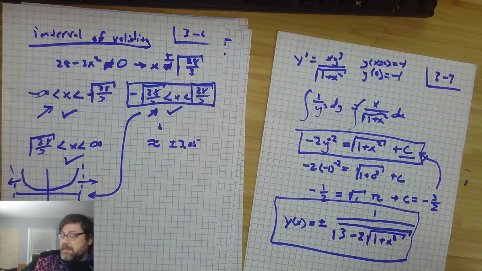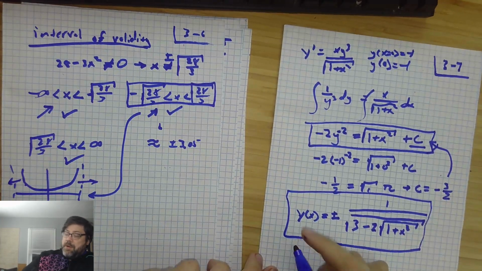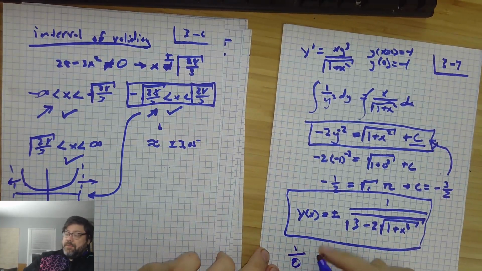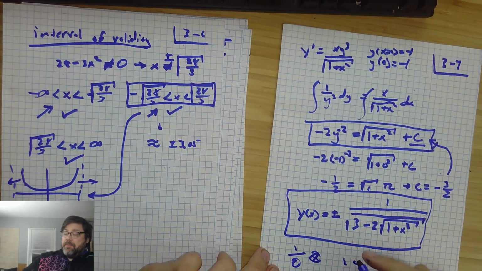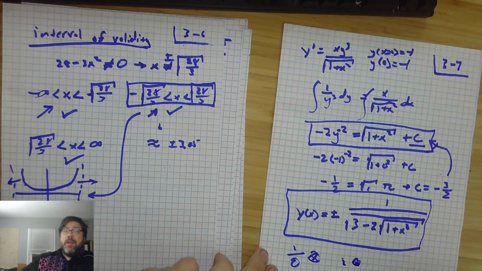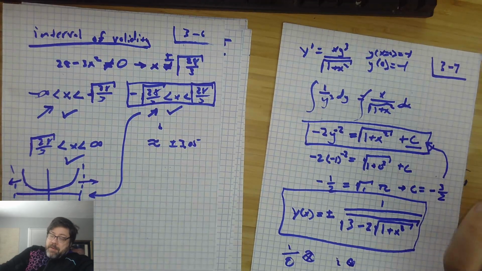Namely, if this thing goes to 0, that's not going to be good. So we don't want 1 over 0. This is no good. And we also don't want the imaginary numbers. This is also no good for us. We want real slopes, right?